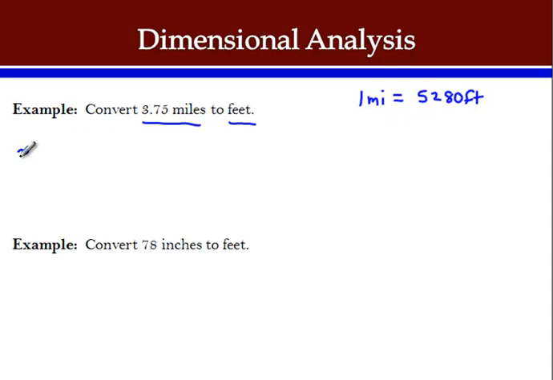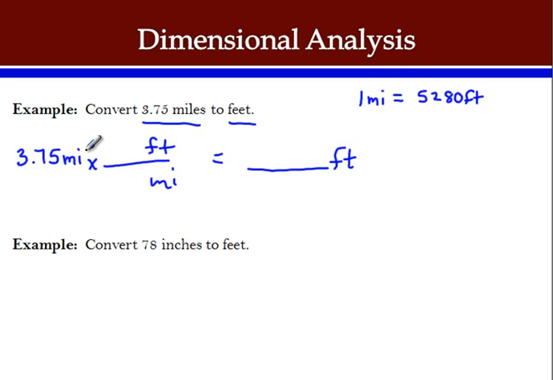So in dimensional analysis, your goal is to start with 1 unit, and for mile we'll put mi, and our ultimate goal is to end up with a different unit, which in this case is feet. So we multiply by a unit fraction where we put the units we want to remove or change in the bottom and the ones we want to end up with in the top. That's going to allow us to mark out the miles because we'll be converting over to feet.